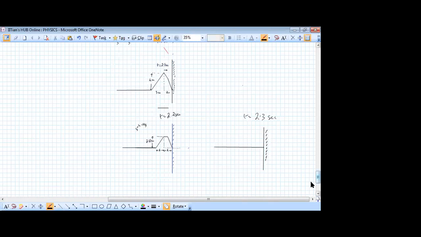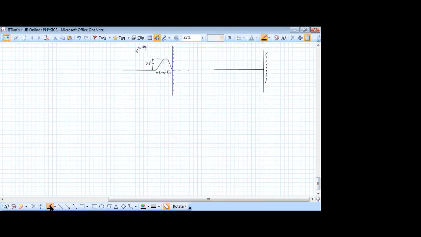And at t equal to 2.8 seconds, it will again be back to the original shape, but with inverted phase.